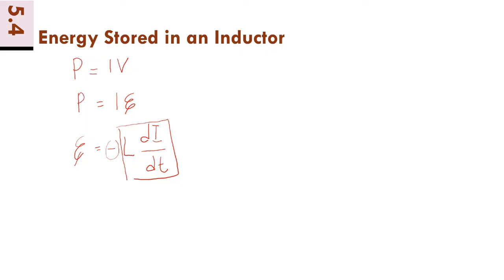So we just substitute. So power equals I L di over dt. This is the first equation.